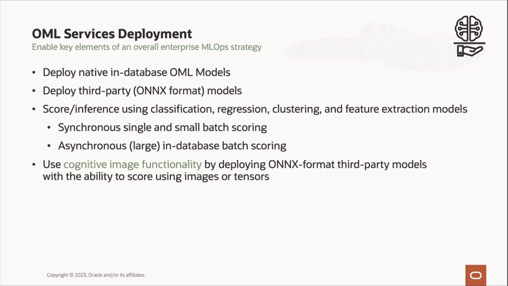And then once you have deployed them, you can score them either synchronously with single and small batches of data, or asynchronously with your large batches, which is that new feature that we're going to dive more into later in this presentation. Additionally, you also have cognitive image functionality. So you can employ an ONNX format model that scores using images, for example. So that's a great extension of the functionality there for the use cases available.